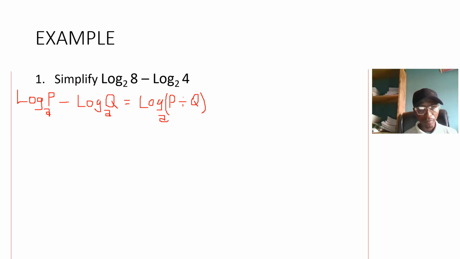Now, 8 is our p, 4 is our q, and this base 2 is actually our a. So substituting all these values into this equation, let's call this equation 1.